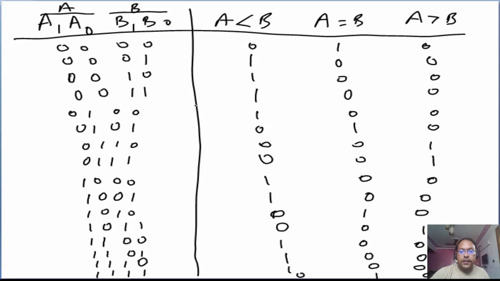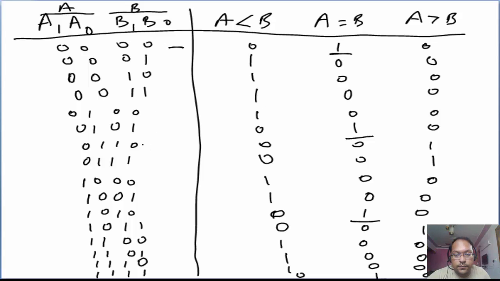So you can see that for A equal to B, we are going to locate the number of ones. This is the one, this is the one, here is the one, and here is the one. For each case, we are going to see the minterm.